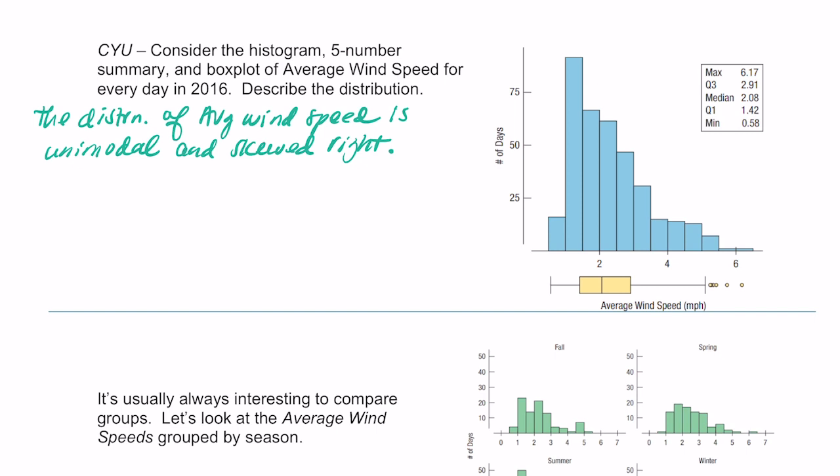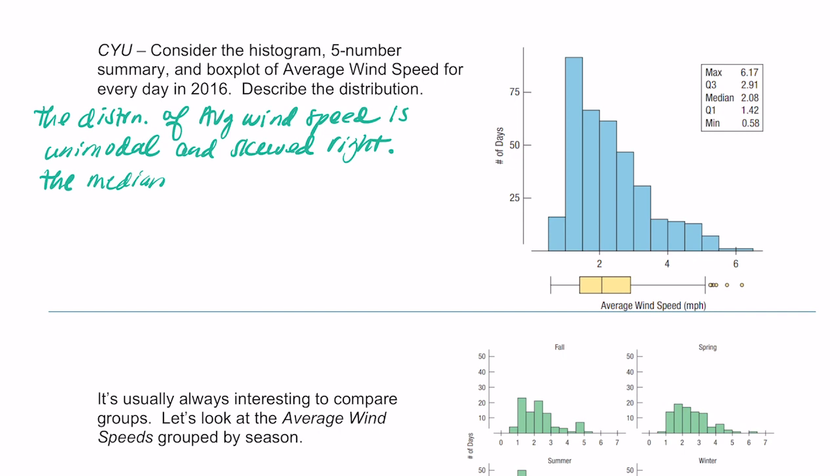Since we're talking about the median, our measure of spread would be the IQR, which is your middle 50%, which includes your Q1 to your Q3. So we could say that the wind speed is between 1.4 and 2.9 miles per hour. And then there was a rather windy day, as you can see here, of about 6.17 miles per hour.